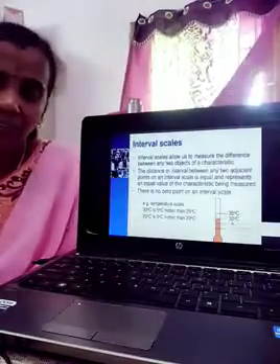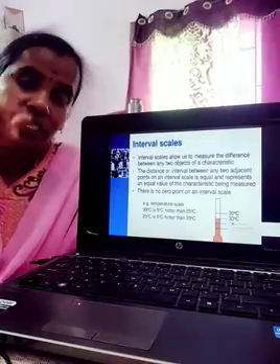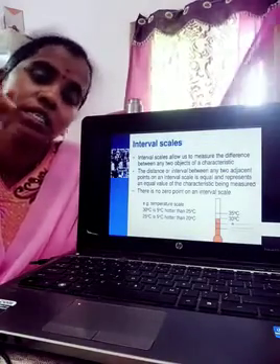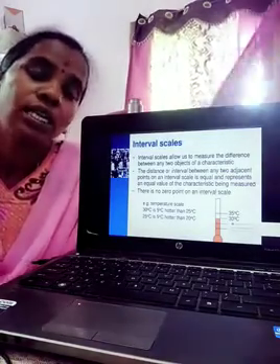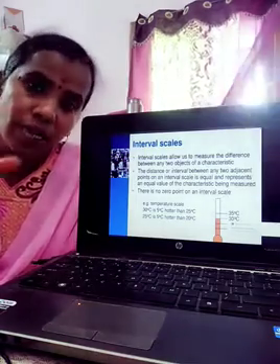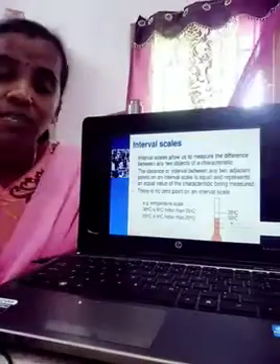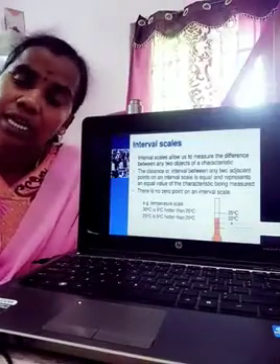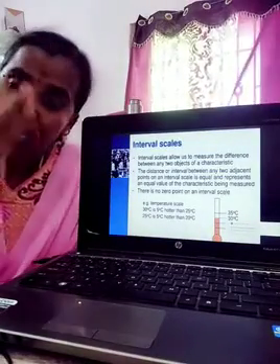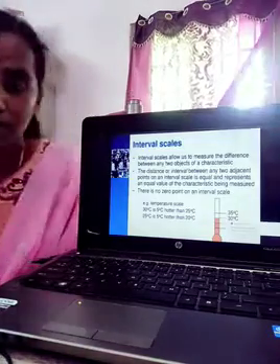Next one is interval scale. In interval scale, 3 things will be there. In the first scale, nominal scale, there is only one thing, the name. The second one is ordinal scale, which has the name as well as the ranking order. In this interval scale, they will have 3 things: the name, the ranking order, and then some interval in the order.